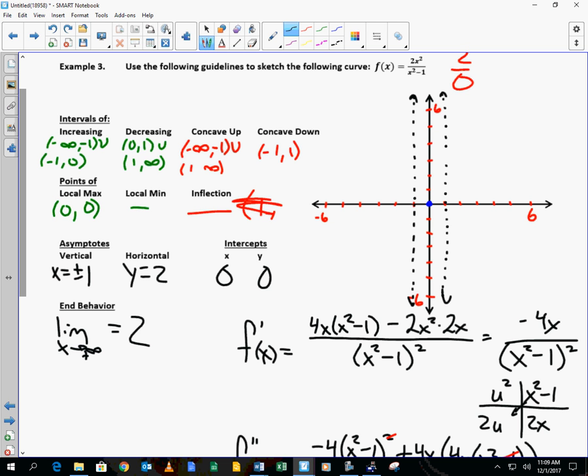What's my other asymptote? Y equals 2. Now think about the asymptote showing end behavior, right? So the horizontal one doesn't necessarily have anything to do with the middle. That means it's going to have direction at the end.